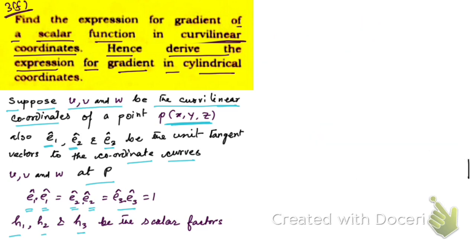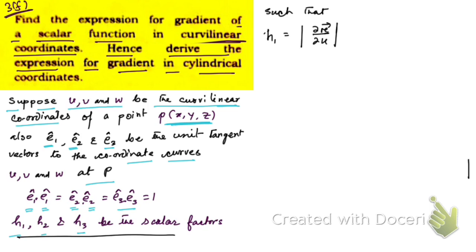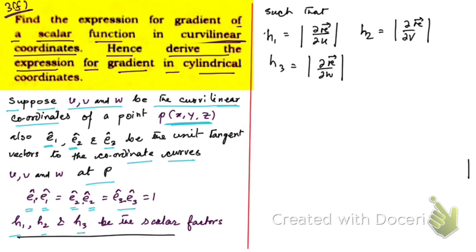These are the scalar factors such that h1 is equal to mod of del u of r, h2 is equal to mod of del v of r, and h3 is equal to mod of del w of r. Hope you have understood this.